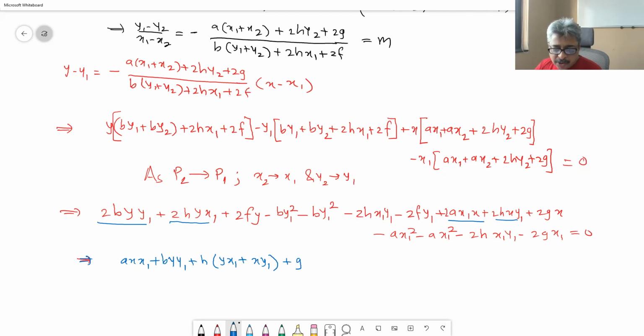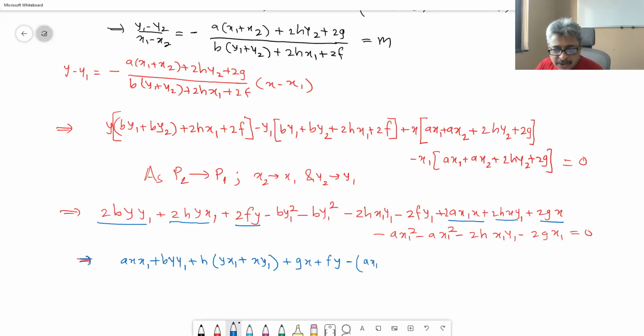So now I have g times x minus x1, which I would like to do as, okay, let me write down gx plus fy, gx plus fy. So I am done with this, I am done with this. Very good.